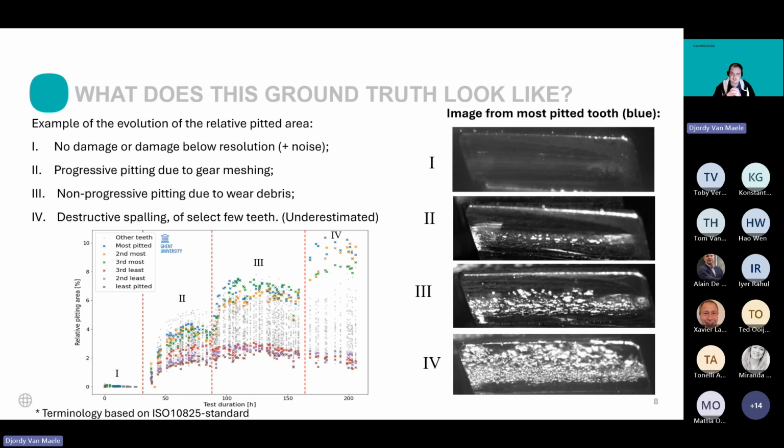And this is just an example of things we can learn from extracting all the metrics from it. I'm not going to go into more details in here. But what's important is that we can extract these metrics, and then these metrics can now be used to improve vibration-based monitoring. And for this, I would like to give the word to my colleague, Toby Verweb.